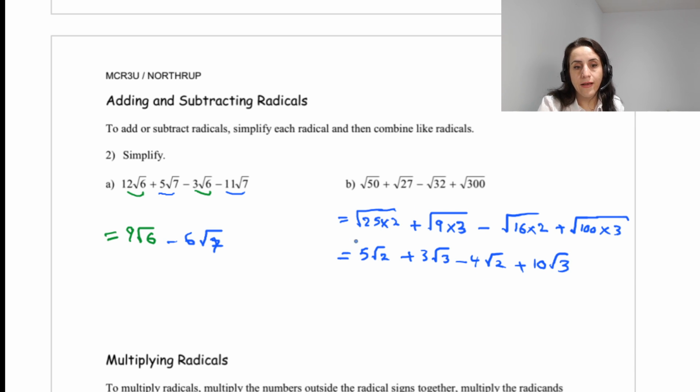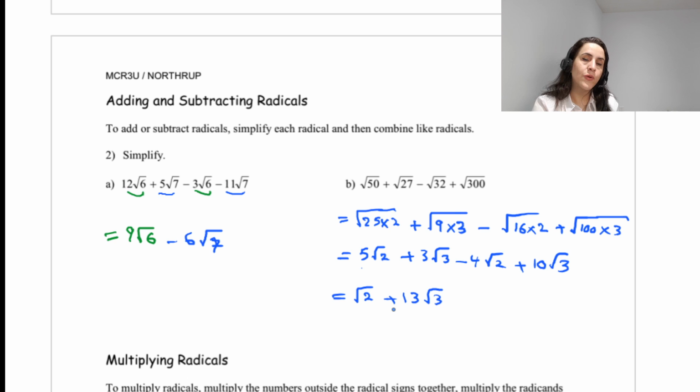In that case, I changed all of these full radicals to mixed radicals. Now 5 radical 2 minus 4 radical 2 is going to be radical 2. 3 radical 3 plus 10 radical 3 is going to be 13 radical 3.